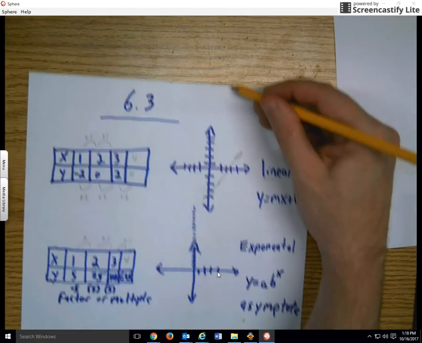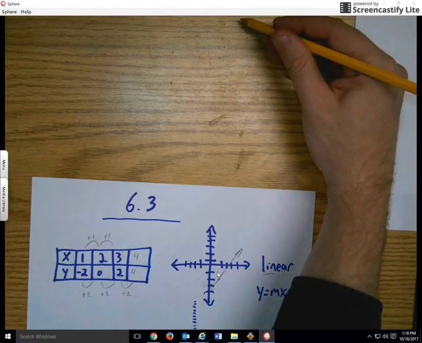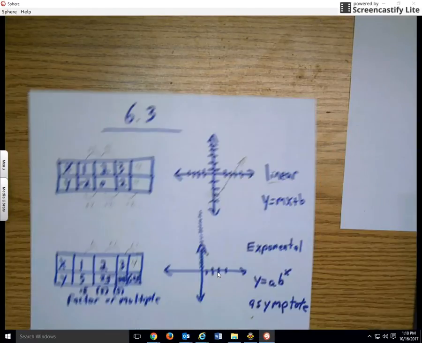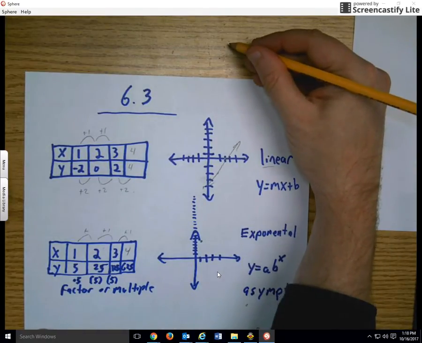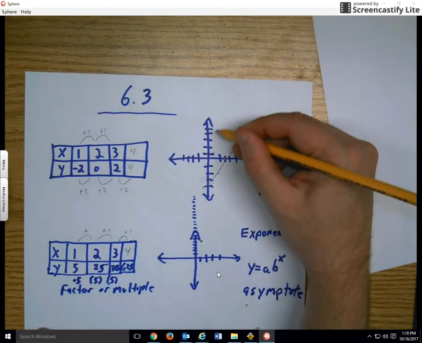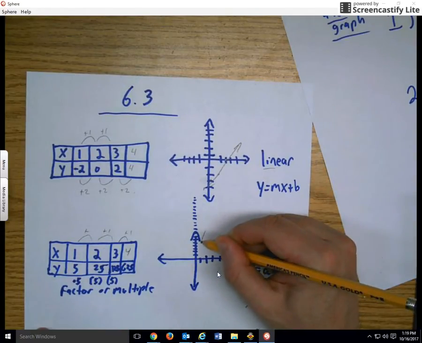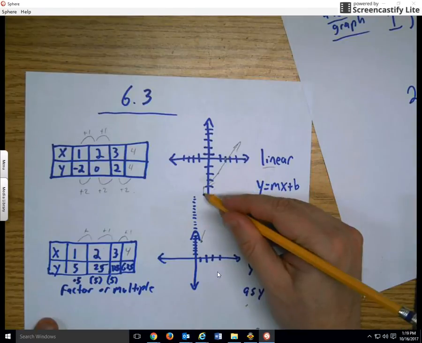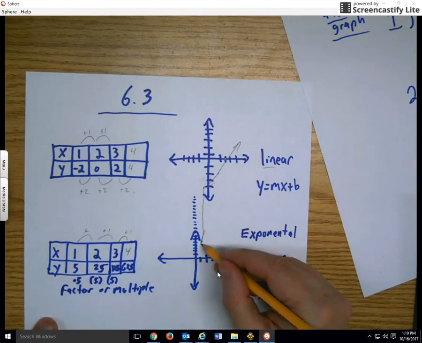It would go way beyond this paper, and it would keep going up there. If I graphed it, it would be a very steep curve. It would start to curve more and more as we go through this.